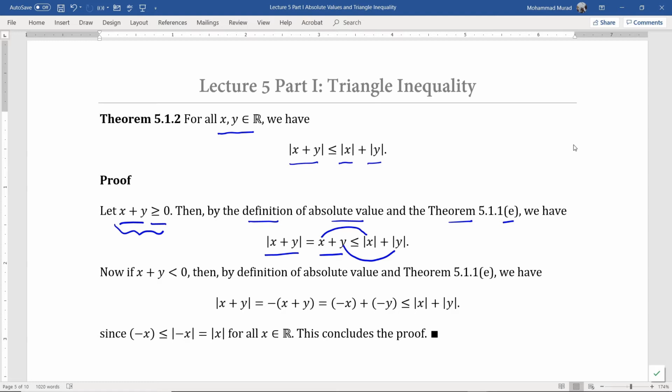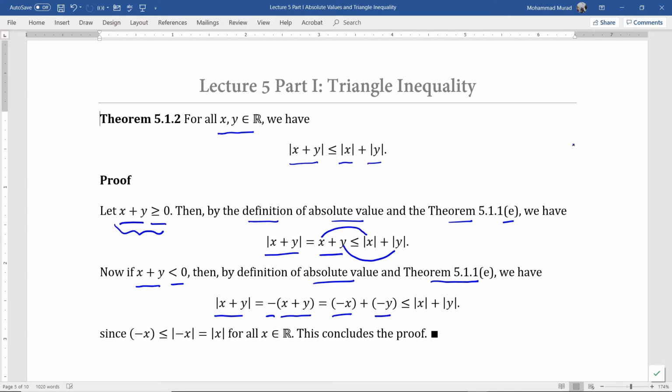Similarly, if x plus y is a negative real number, then by definition of absolute value and the same theorem 5.1.1 statement E, we have the absolute value of x plus y equals the negative of the number x plus y, which can be written as negative x plus negative y.